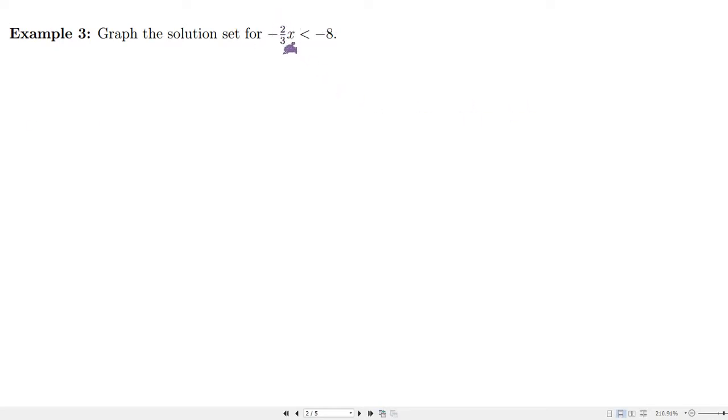Well, what did we do before when we encountered a fraction like this? We usually multiplied by the lowest common denominator. In this case, there's only one fraction, so let's multiply both sides by 3. And by doing so, we're going to get rid of this 3, and the numerator will become negative 6x.